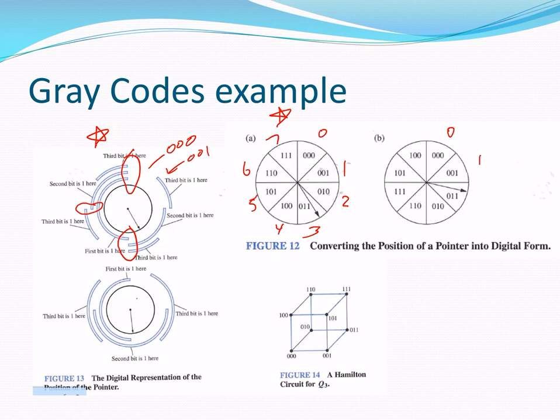So this would be 0 and 1 and 3 and 2, and this would be 6 and 7, and this would be 5 and 4. But note that each of these only differs in one bit position each time.